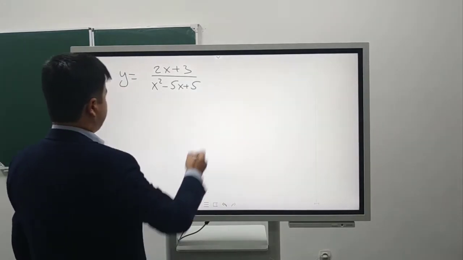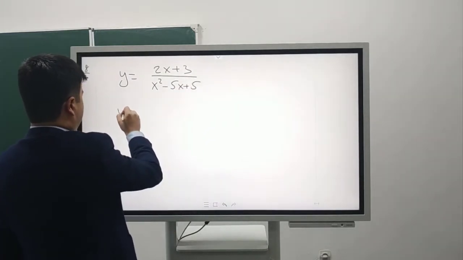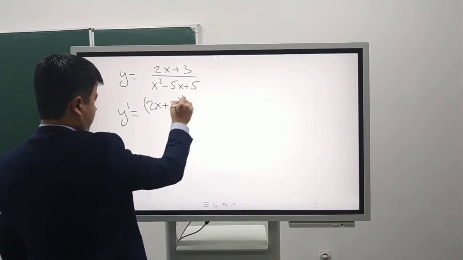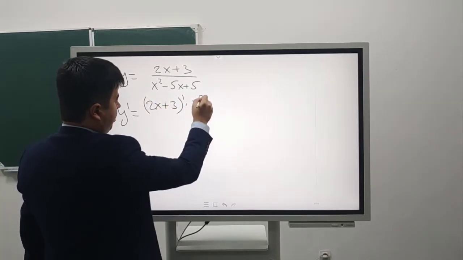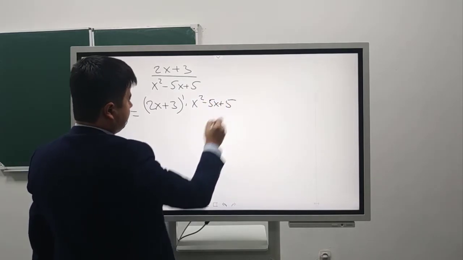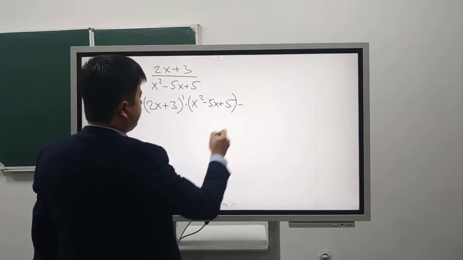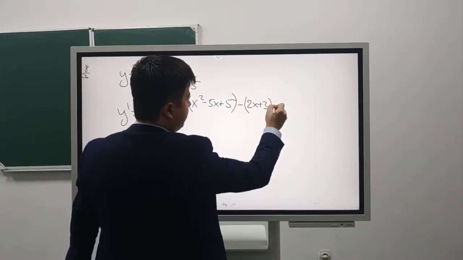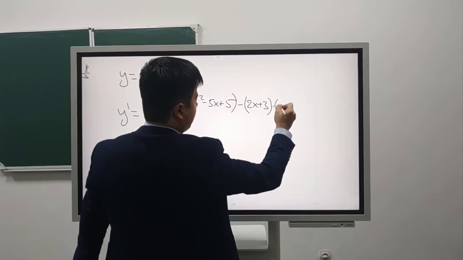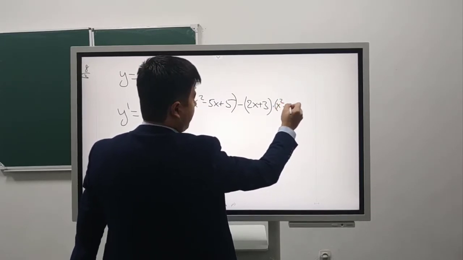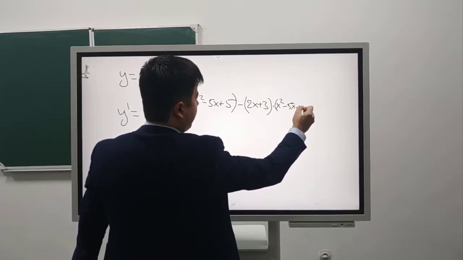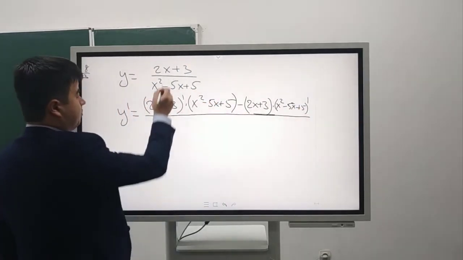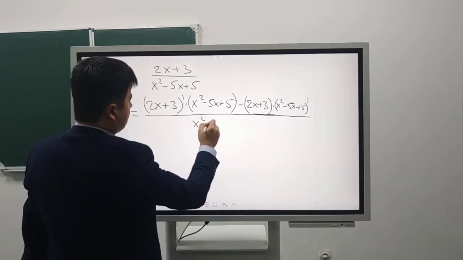So here we have y prime, it is the derivative of 2x plus 3 times x squared minus 5x plus 5, minus the first function 2x plus 3 times the derivative of the second function, x squared minus 5x plus 5, over the square of this denominator.